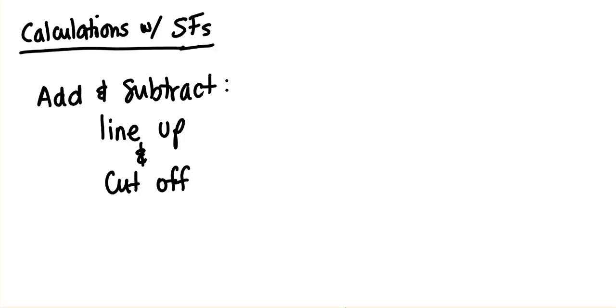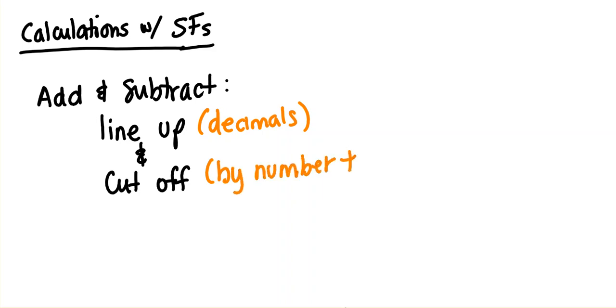What I'm talking about is lining up the decimals, and then when you cut them off, you're going to cut off your answer by the number that extends least far to the right.